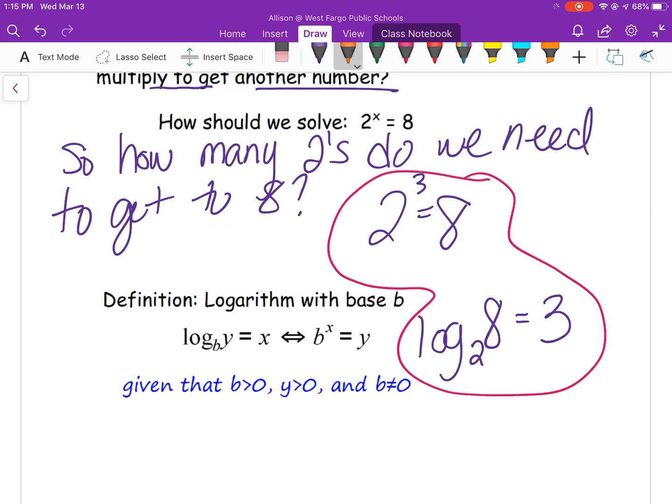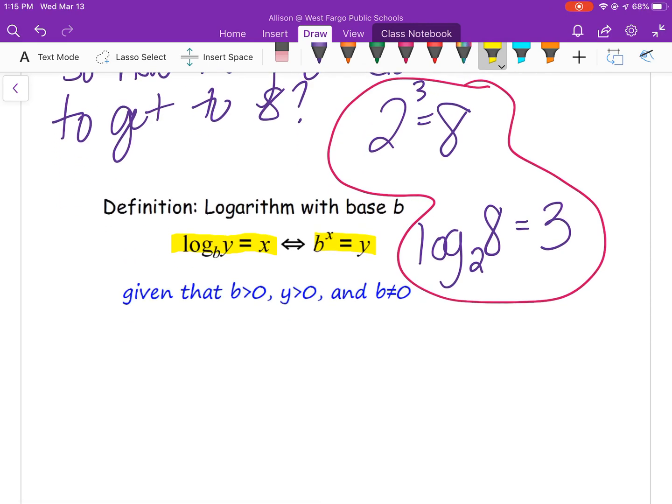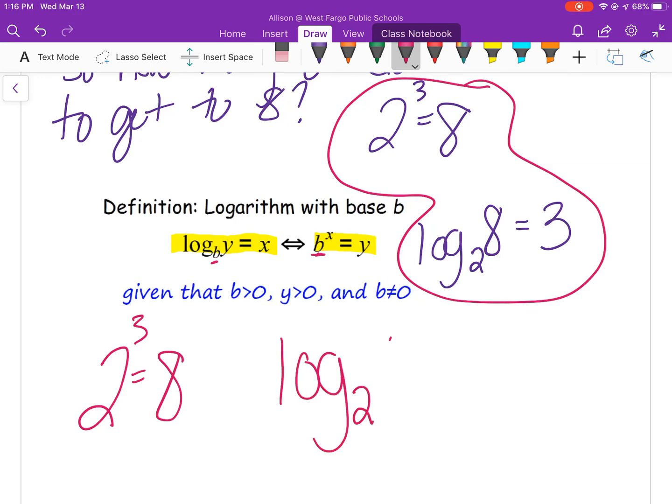So the definition of logs is right here. Log base b of y equals x, and that's the same thing as b to the x equals y. You can go back and forth between those two expressions. The b is the base in both. So when you had 2 to the third equals 8, that's log base 2 of 8 equals 3.